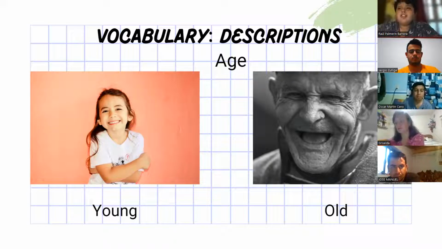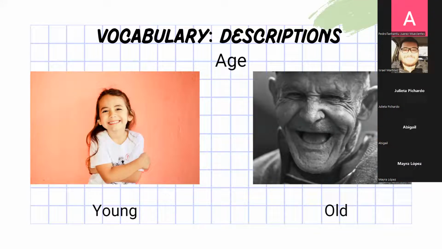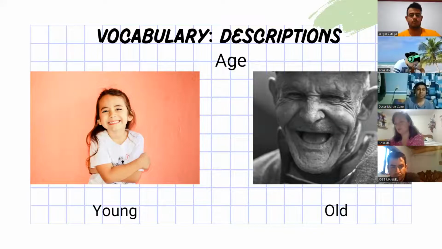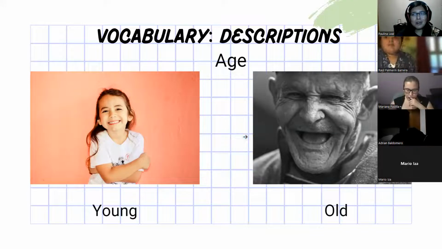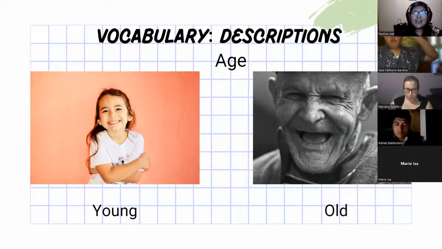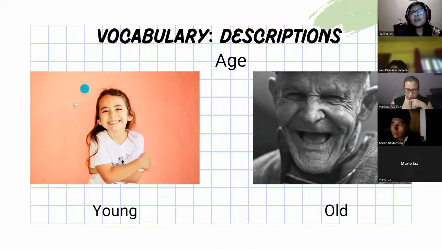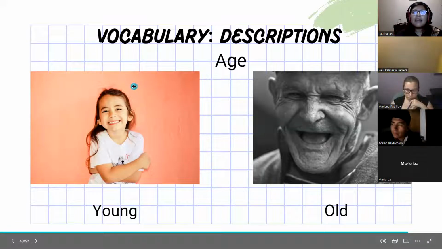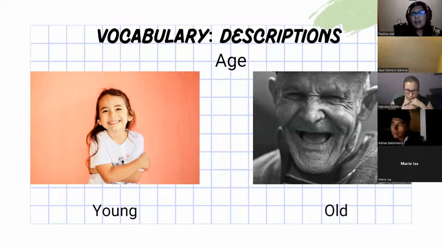Young. Young, 100%. Now, it's relative. It's relative if you are old or young because you can always compare to somebody else. Es relativo. Yo diría que yo soy joven a los 29, pero luego hablo con mis alumnos de secundaria y piensan que soy una reliquia antigua. So, it depends. Pero normalmente yo voy a pensar en alguien joven como alguien menor de, no sé, 40 años, menor de 50.